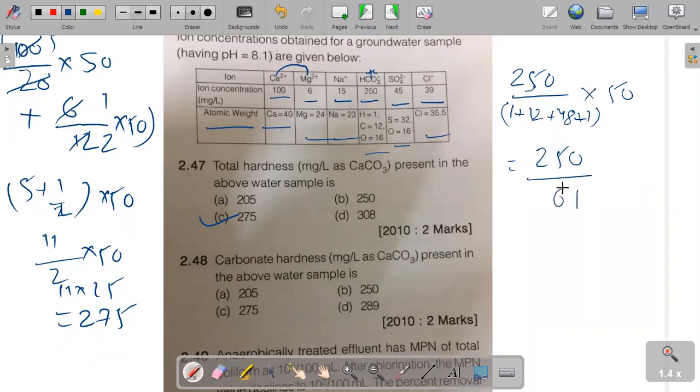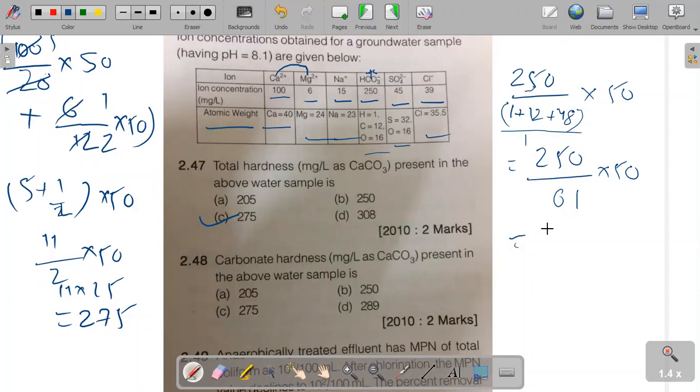Wait a second, we basically don't multiply by valency here, we divide by valency 1. So 48 plus 12 is 60, and plus 1 is 61, into 50. Okay, so if you solve this, let's solve this first.